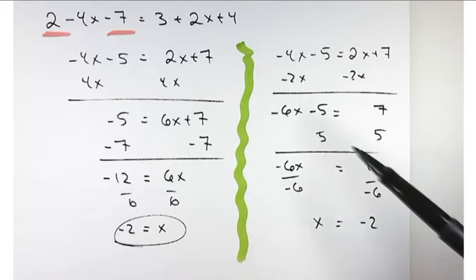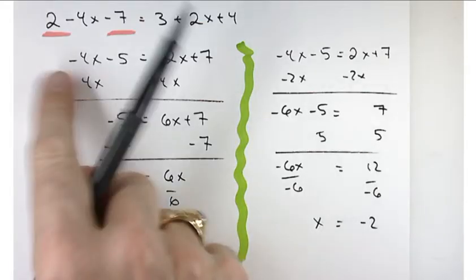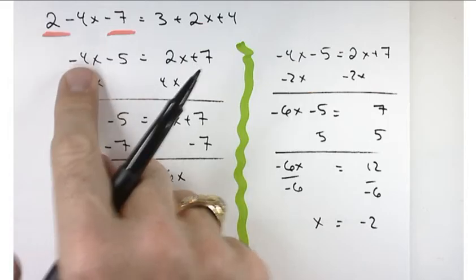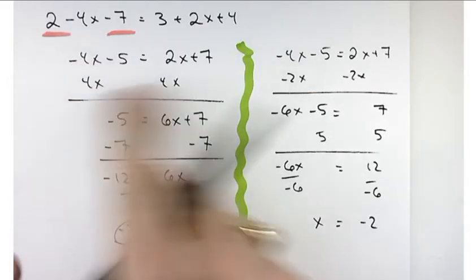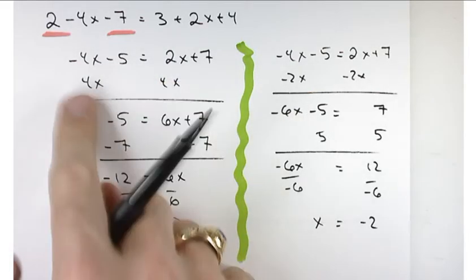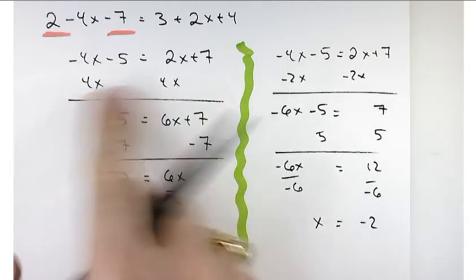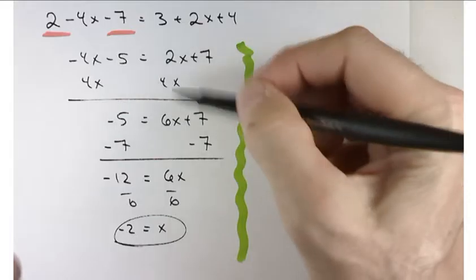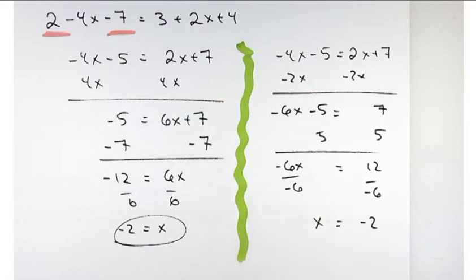I just move the numbers to the other side, and get the x's on the other side. Yeah, that's really what we're doing: we moved it to the other side. By putting the 4x here, I'm really moving it to the side, and then I combined it right away. So essentially we're doing the same thing.